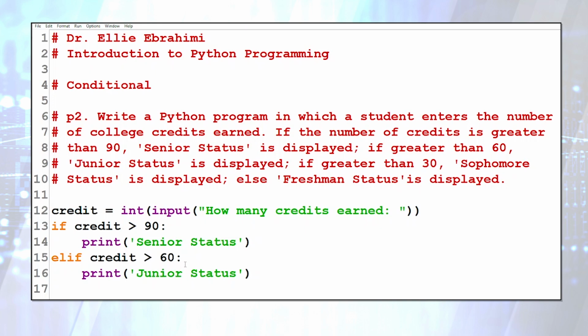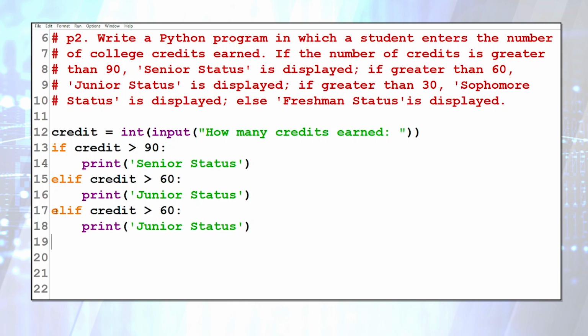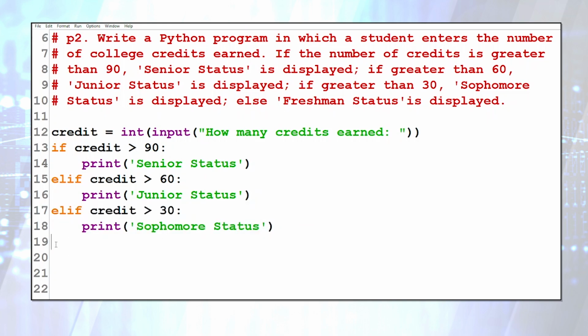So I'm going to change that to junior, and then we are going to add the sophomore standing, which is greater than 30, and then we have that, and anything else is freshman. So we can have either an elif, or you can leave this one, just take the condition out, and simply say anything else is going to be a freshman status.